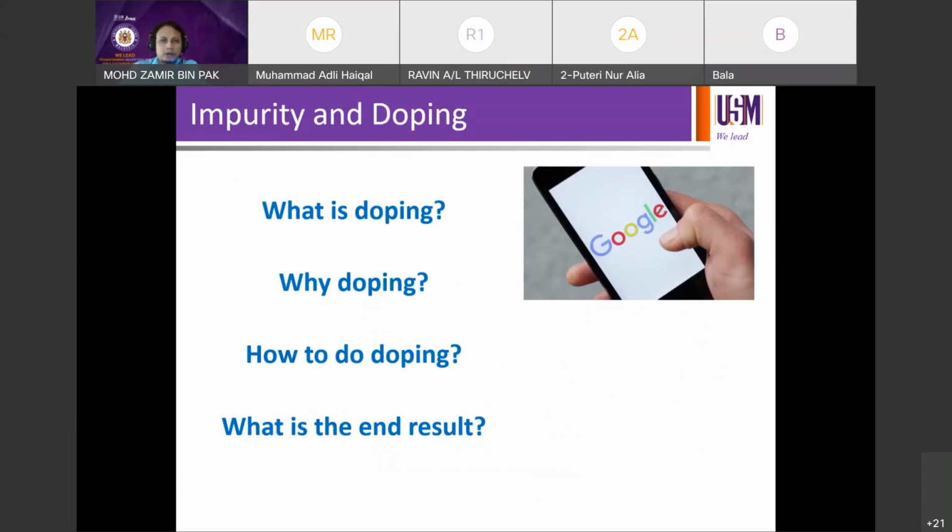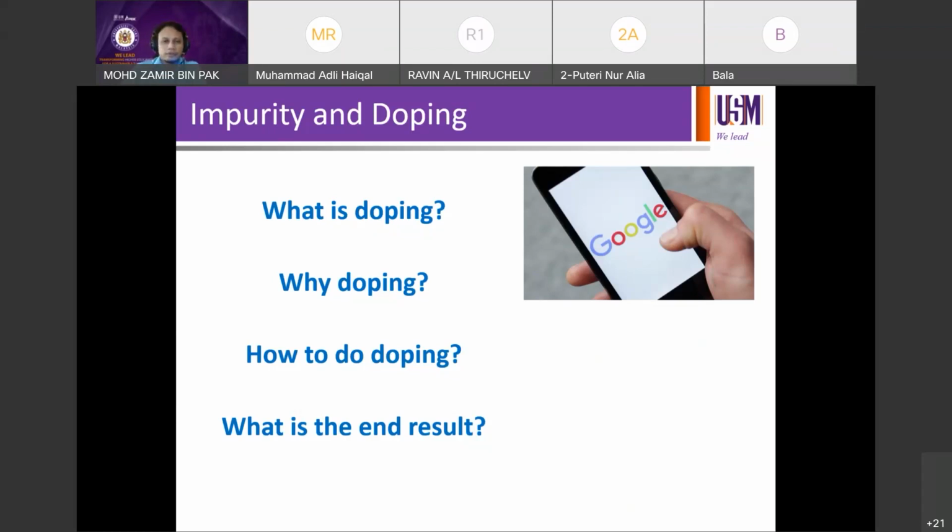So now let's talk about doping. We're going to learn in this particular subchapter what is doping, why do we do doping, how do we do doping, and what is the end result that we expect. So for this chapter, I want you to check on your phone, try to do your Google search or perhaps on your laptop as well.